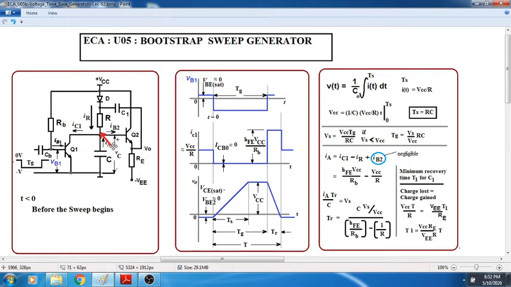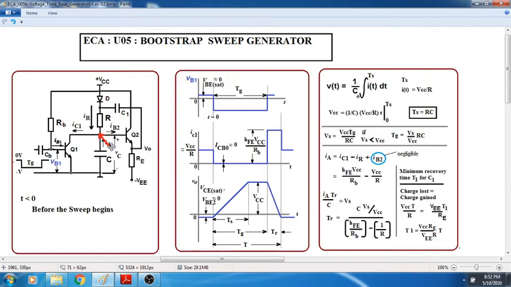So we have understood the need to do something to this RC network such that the voltage across the capacitor increases linearly with time. The linear variation is possible only when the current flowing through the capacitor, obviously coming from the resistor, is a constant with time.